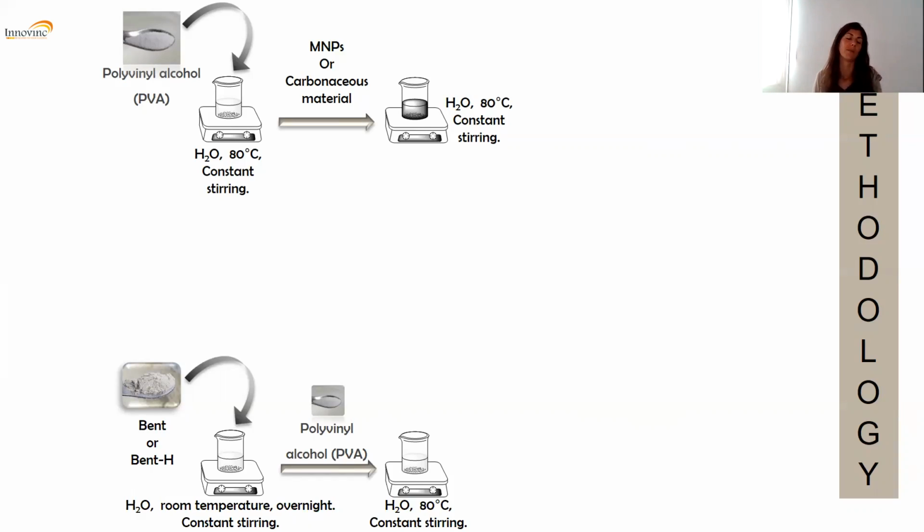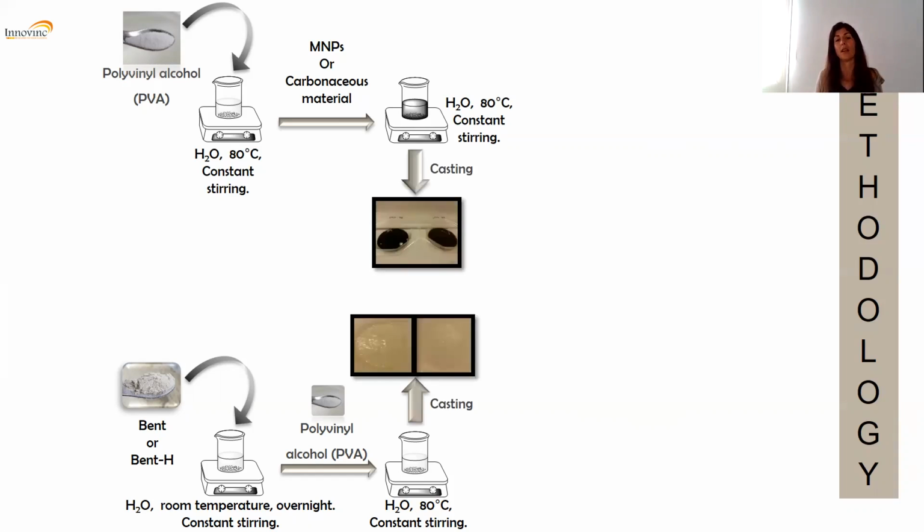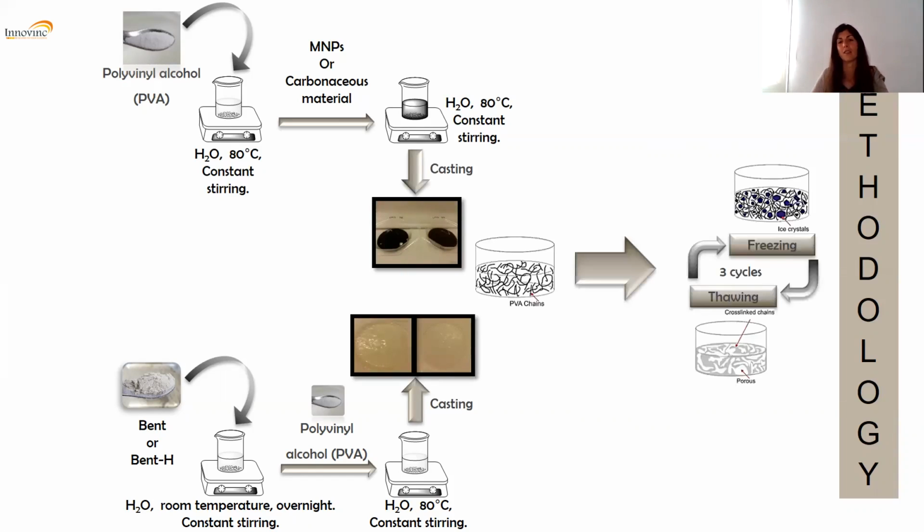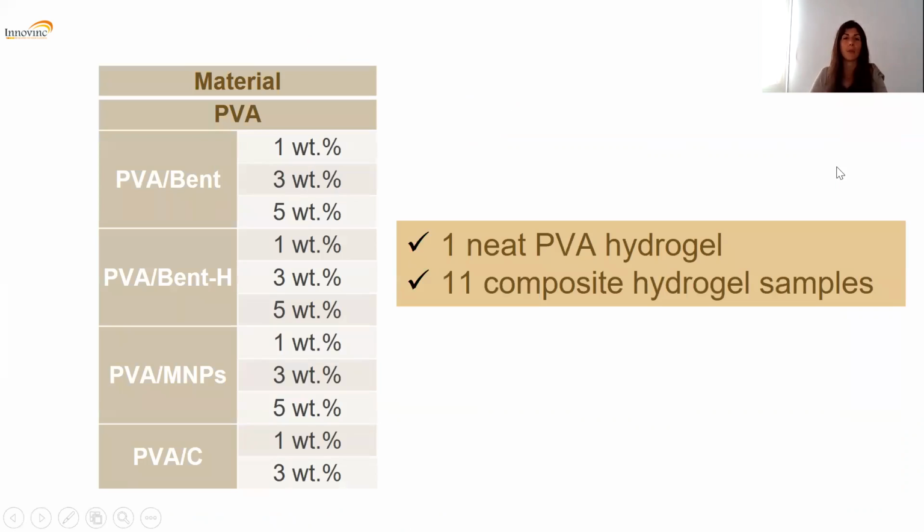So we have four different suspensions, and we cast them into anti-adherent molds, and then we cross-link the different materials through the physical methodology that we have previously described. In this way, we have prepared one neat PVA hydrogel that was acting as blank, and 11 composite hydrogel samples with filler contents from 1 to 5 weight %.